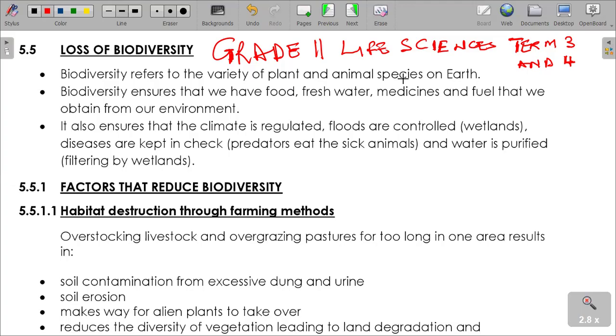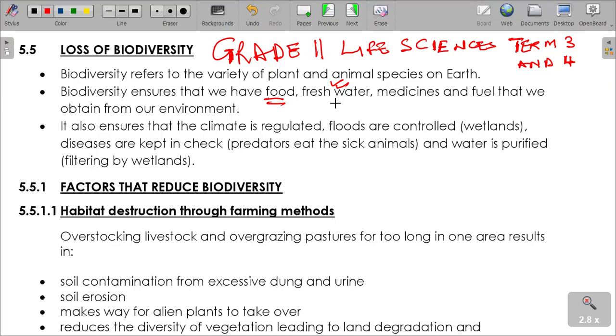So what we need to understand is that biodiversity ensures that people have food. It ensures that fresh water is available as a result of a balanced ecosystem, an ecosystem which is naturally existing, which has natural factors interplaying on their own, and which also promotes biodiversity.